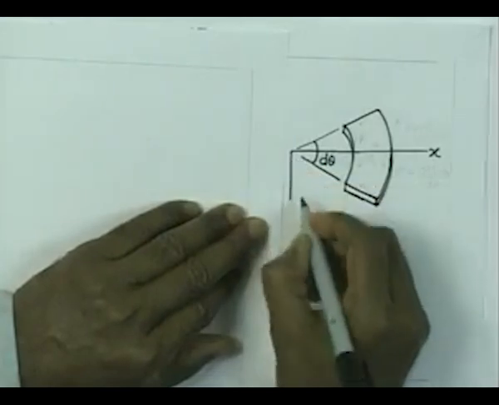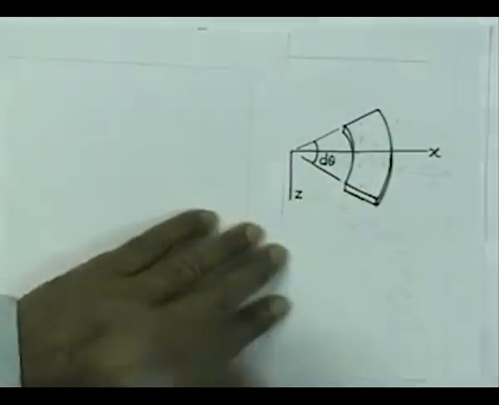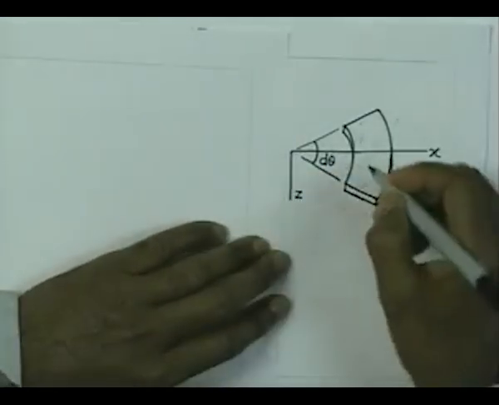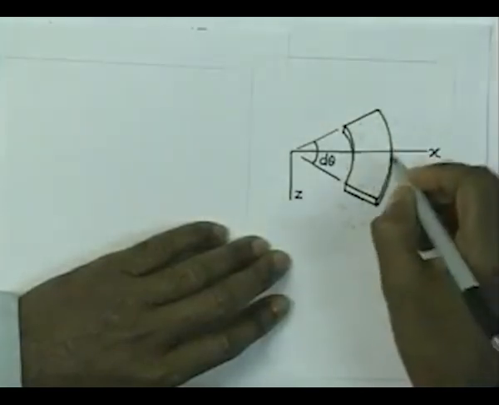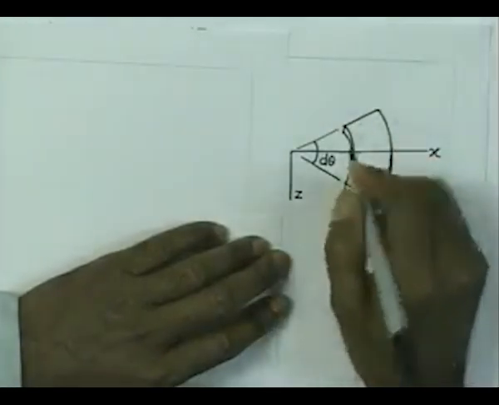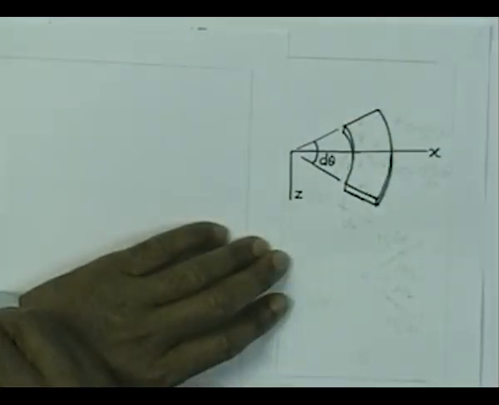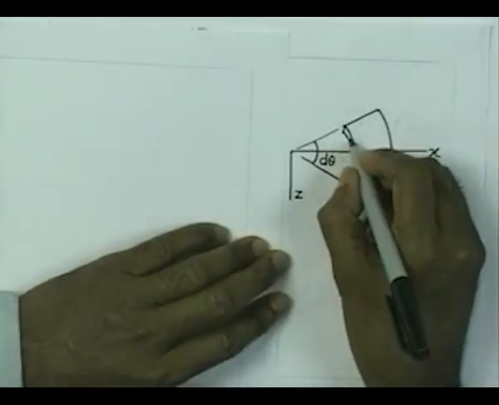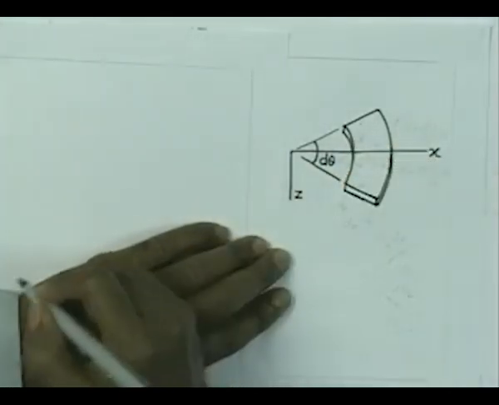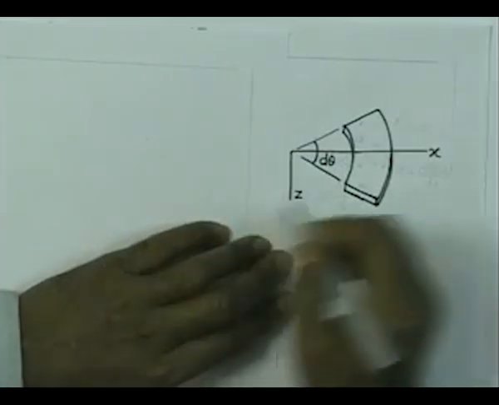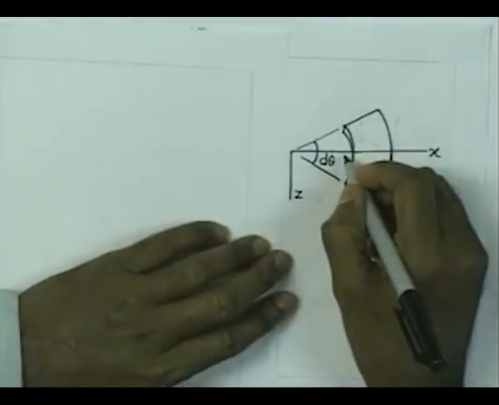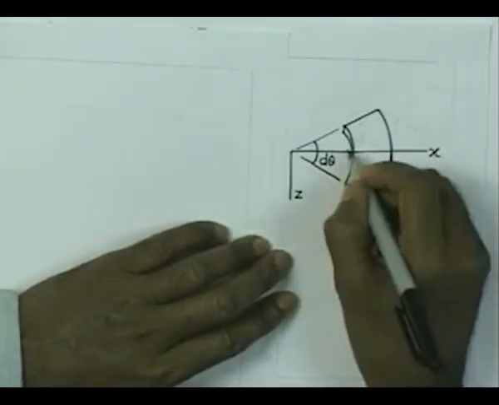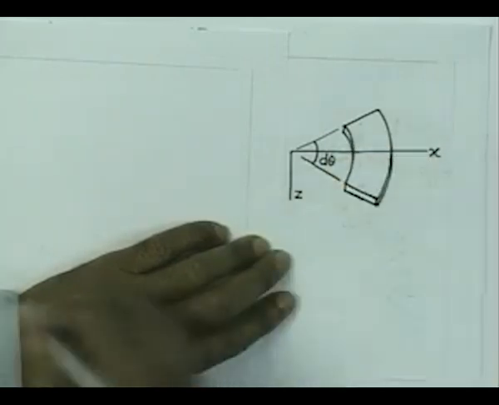So, this is our z axis. Now, bending moment is not going to remain constant in general, and therefore, let us consider this theta face, I am sorry, radial face, this is the radial direction. So, this face is perpendicular to the radial direction.